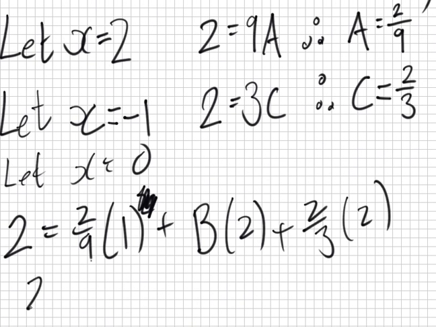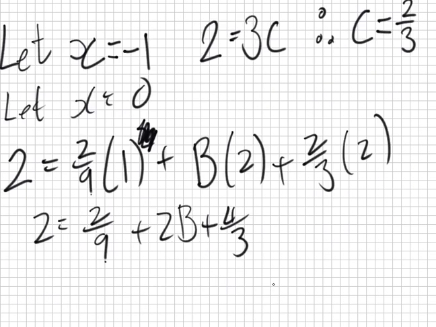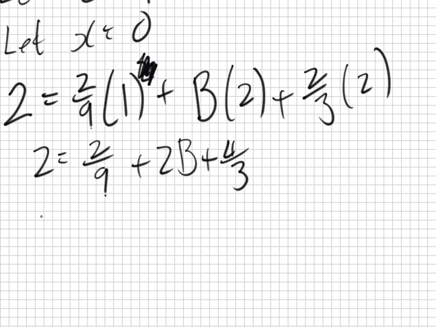Okay, so 2 equals 2 over 9 plus 2b plus 4 over 3. So that's 2 equals 14 over 9 plus 2b.